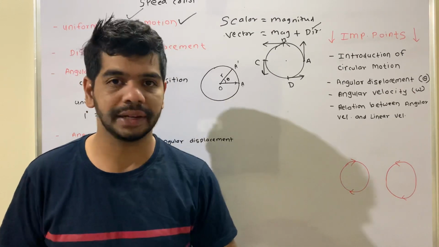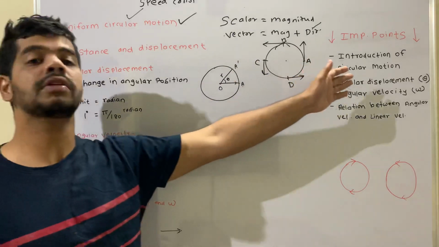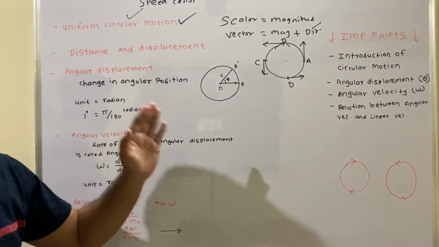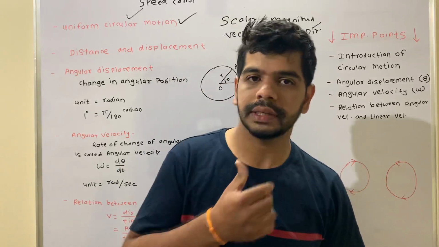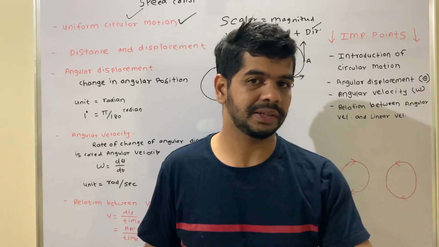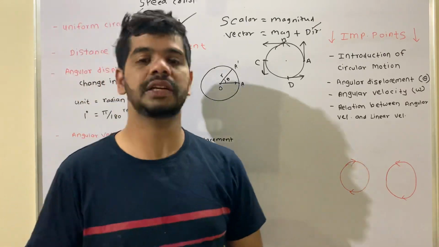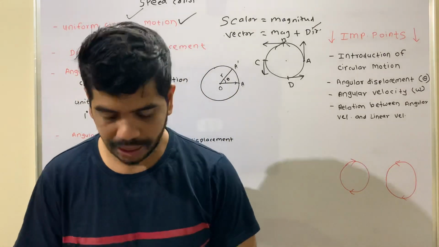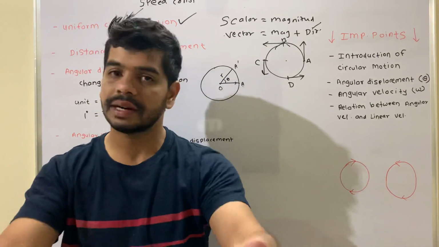Don't confuse in that. Okay, so this is the basic introduction about the circular motion, or you can say uniform circular motion. Now let us discuss our main point, angular displacement. So I think everybody knows what is meant by linear displacement. Suppose I am standing over here and I want to go in a straight line. मला सरळ जायचं आहे.